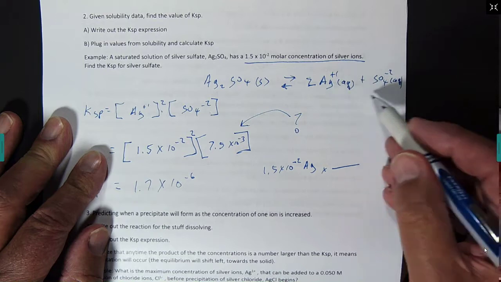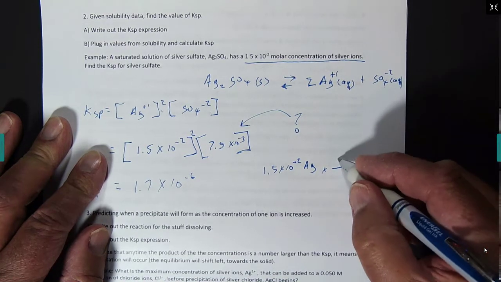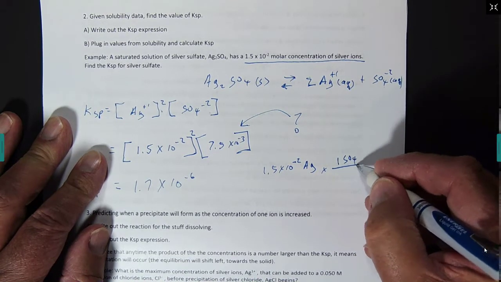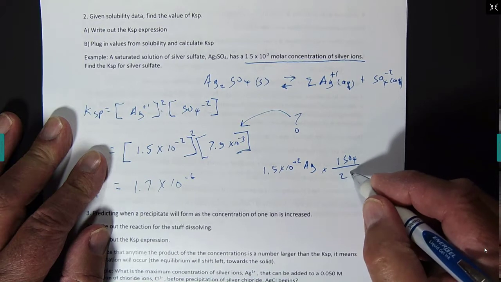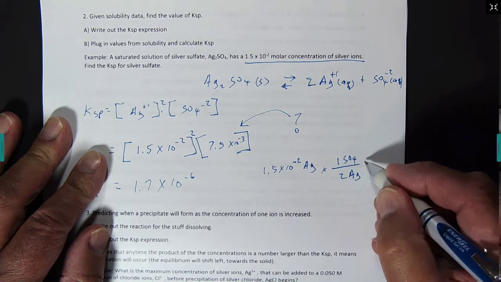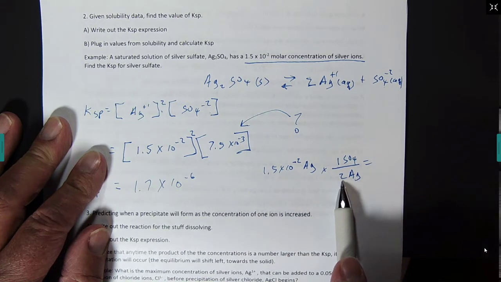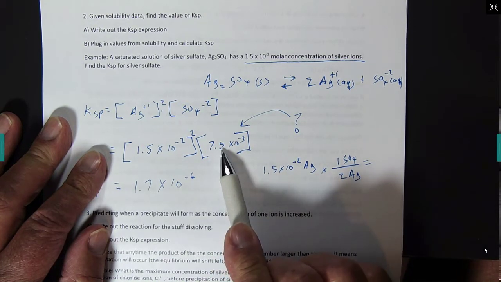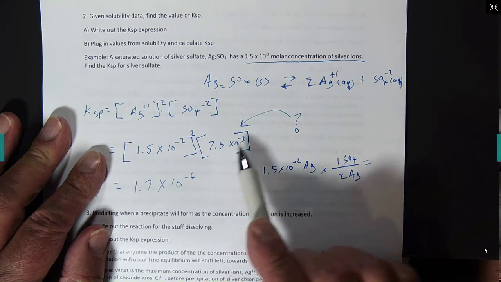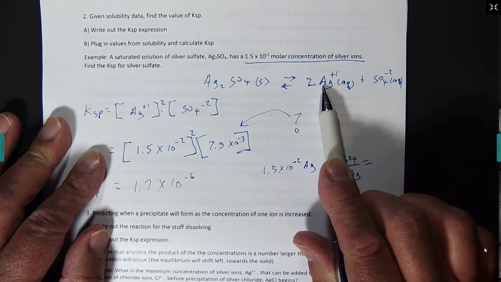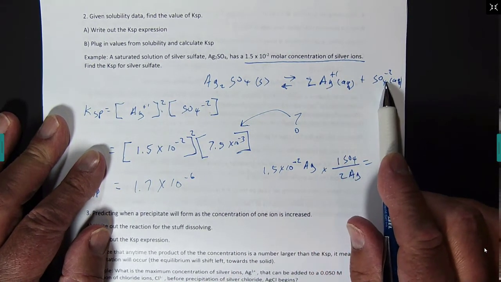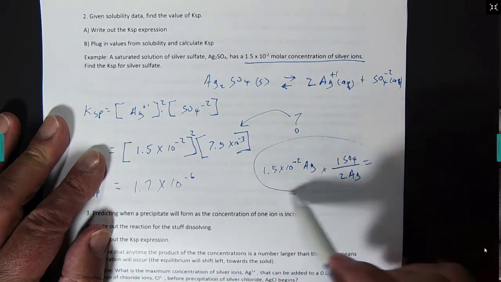What's my mole to mole ratio? Oh, I get 1 sulfate for every 2. Oh, 1.5 times 10 to the minus 2 divided by 2 is that guy. So again, if you know the concentration of one ion, you can always calculate the other one through simple stoichiometry.